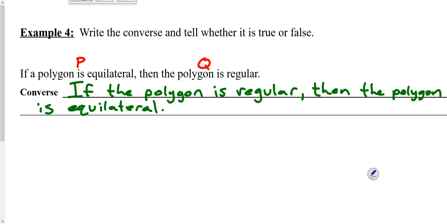Is that true? Yes, it is. We know all regular polygons are both equilateral and equiangular. So if the polygon is regular, then the polygon is equilateral. That is true.